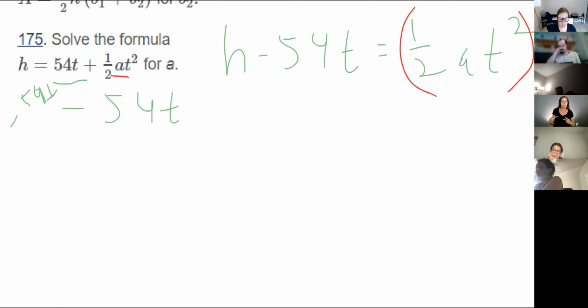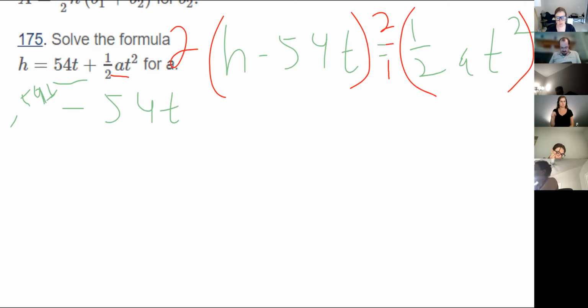It's between parentheses H minus 45t times 2 equals A times 2, and then A equals 2H minus 108t over t squared. Okay, so if we want to get rid of this 1/2, we're multiplying by 2. Yes.